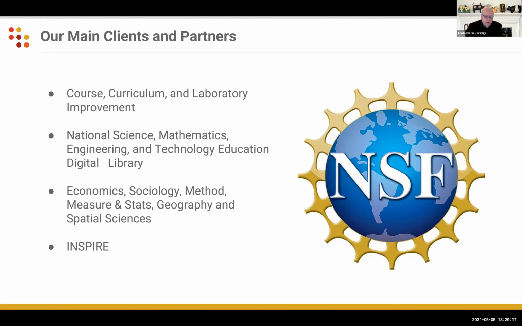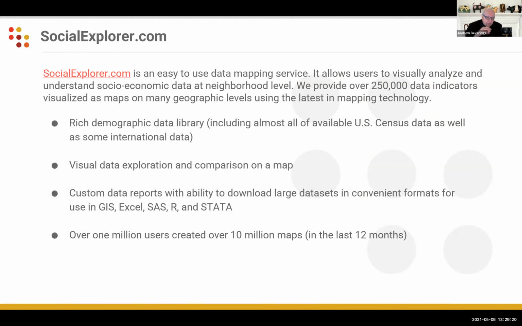So what do we have? We basically have all of the extant digital censuses from 1790 through the ACS, the latest ACS, which is the 2015 to 19 and the 2019 1 year. We put it up entirely. We put everything up, and then we also take a selection of it.